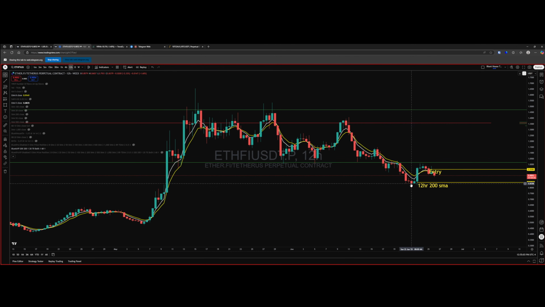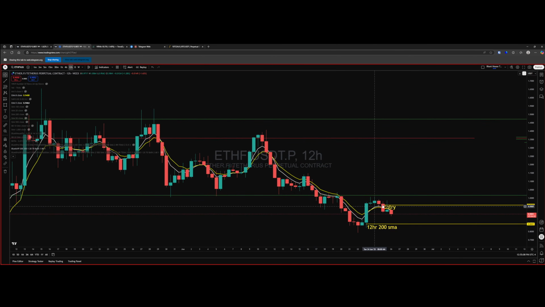I knew this level was the 200 MA on the 12-hour because there was a little bit of a top on the 12-hour. I know the 200's down here, and I know that we're failing. I'm anticipating that eventually I come back to tag this 12-hour 200. That was my target.